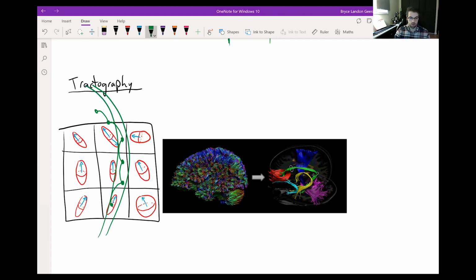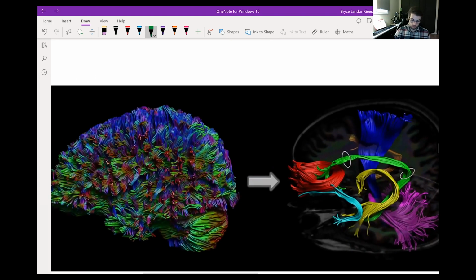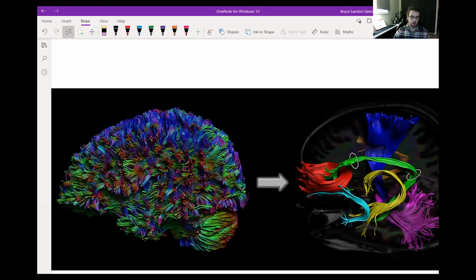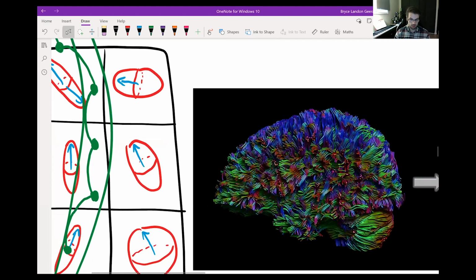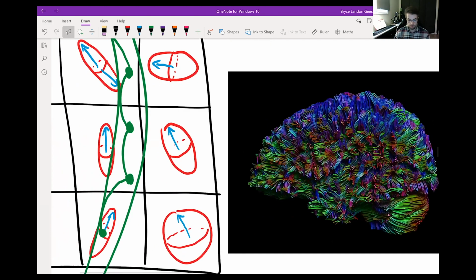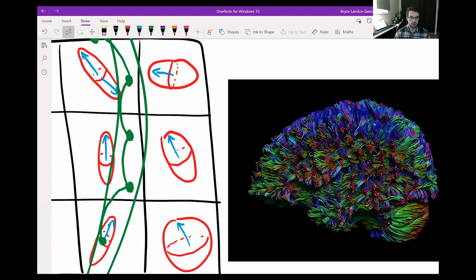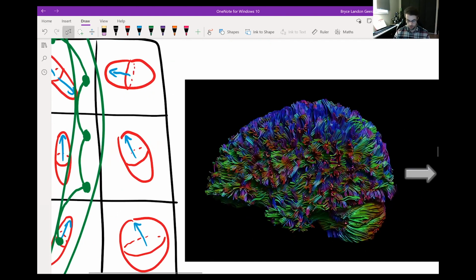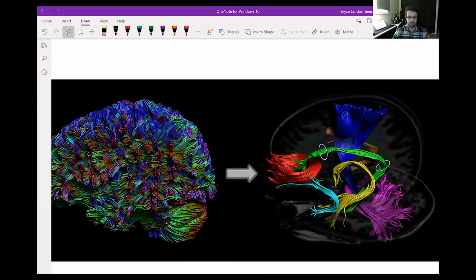And that's how you essentially go from a whole brain bundle of these fibers, and then you can break it down to fibers that are specifically connecting one region to another. That's all from just following these diffusion tensors and taking their primary orientation to step in the next direction and assume that's where the fiber bundle continues. That's how you get these great images of the brain where you can actually isolate fiber tracts.